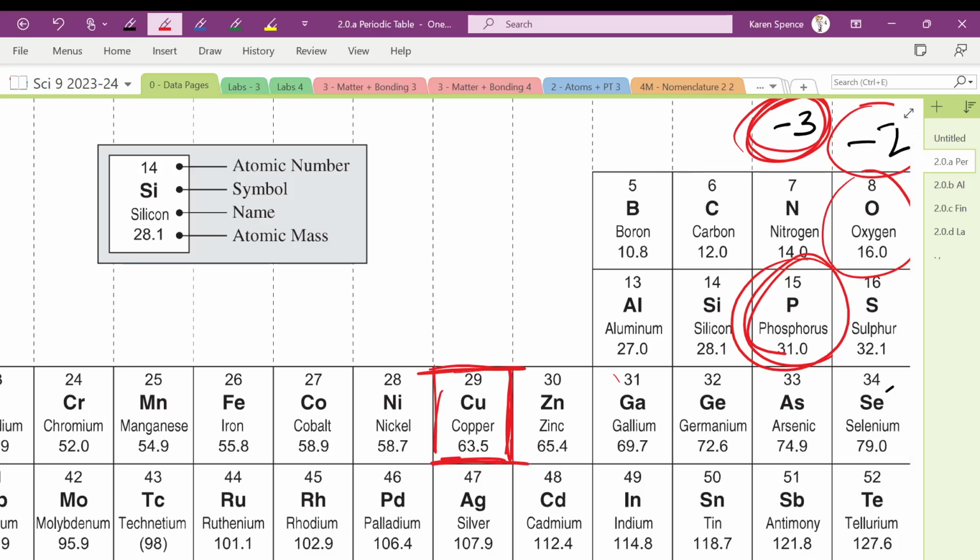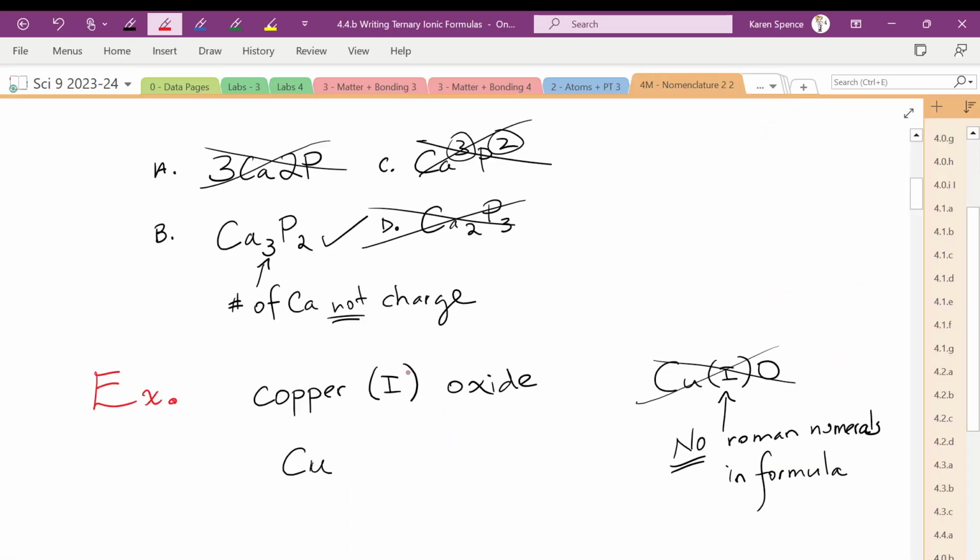Nope, we don't know its charge, but fortunately, what do we have here? We have 1. What does that tell us? That tells us the charge. So we don't need the periodic table to tell us the charge because the charge is right there. Woohoo! Okay, so here we go, and it is 1 positive.